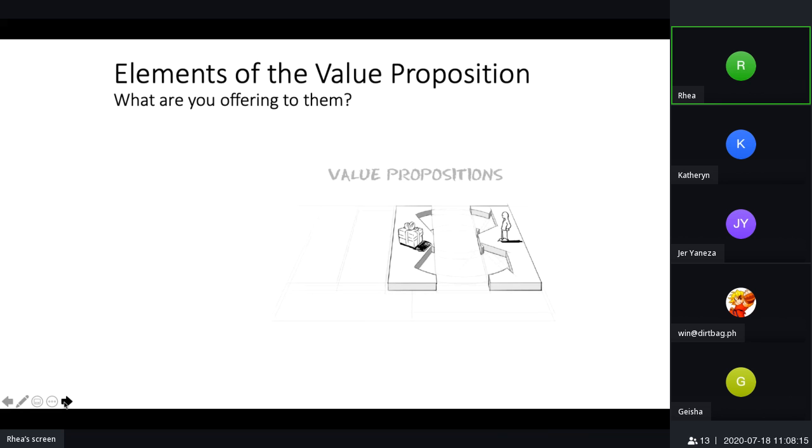So elements of the value proposition would be good examples. You are new to the market. This can be really good if upon your research you didn't see any companies or startups that have the same business as yours. So technically you are new. A value proposition would be in terms of performance, like your product is faster than the rest.